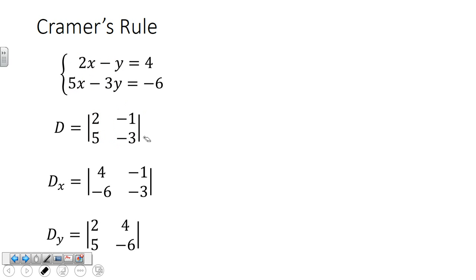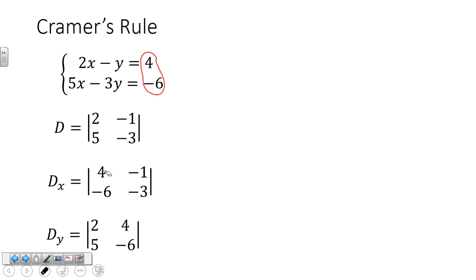Now D sub X is very similar, but you'll notice that this X column, where the X coefficients were, has been replaced by my two answers, those numbers on the other side of the equations. So I like to remember that D sub X, the X column has been replaced.